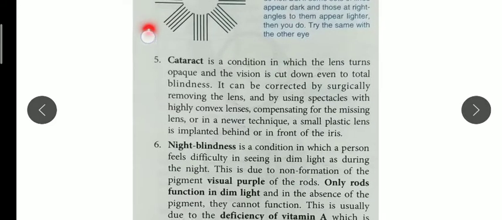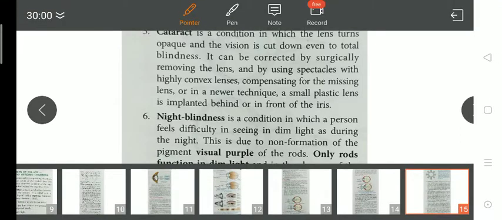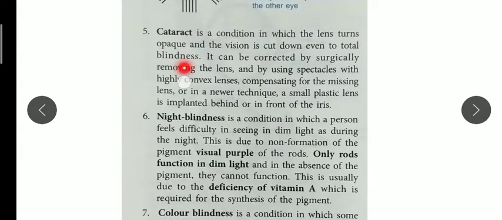Then next one is cataract. Fifth point is cataract. Cataract is a condition in which the lens turns opaque, and vision is cut down even to blindness. So people can be totally blind, and it can be corrected surgically by removing the lens, and people can wear specs made up of highly convex lens.